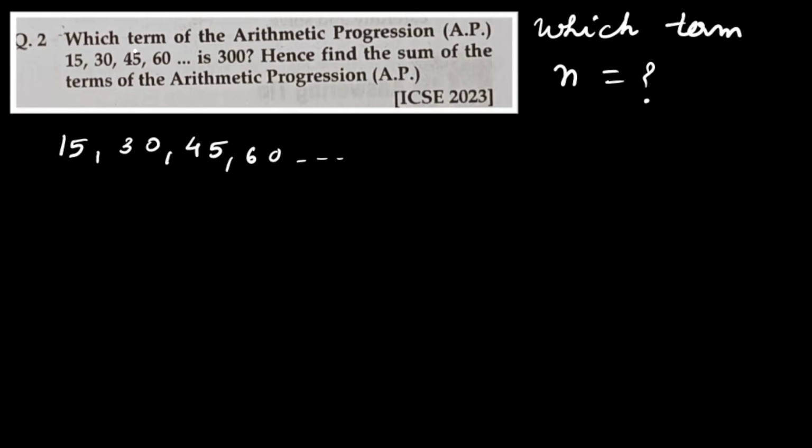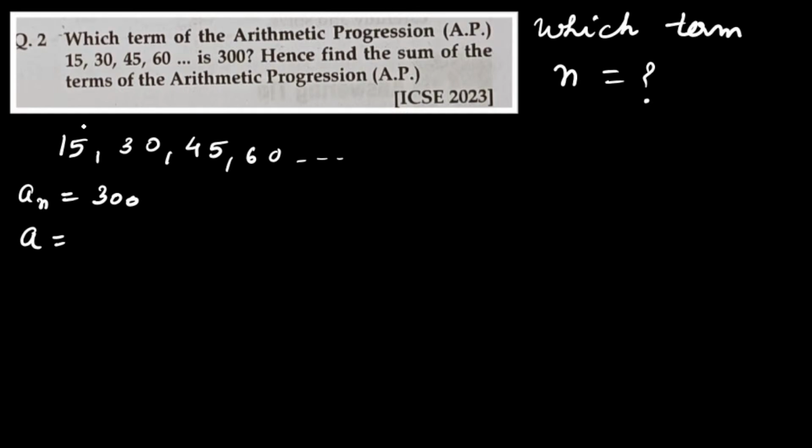So what is given to us? They have mentioned which term of this sequence is 300. We'll assume 300 as an, the general term. Now since the sequence is given to us, from that sequence we can write two values.